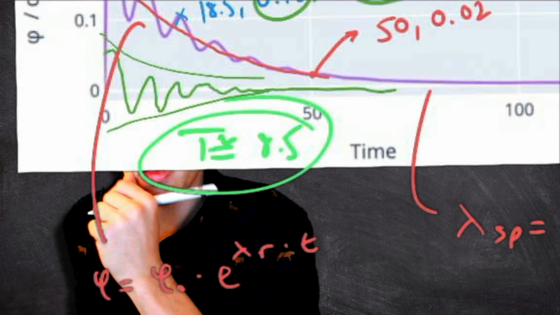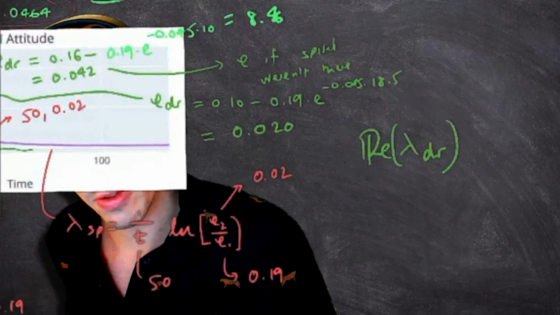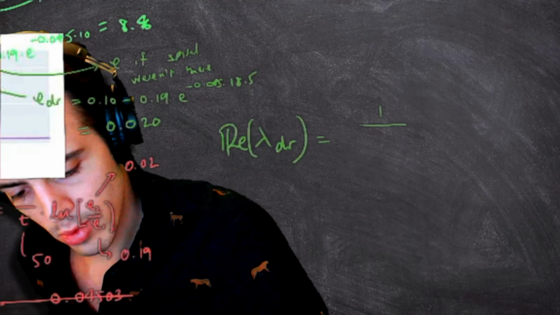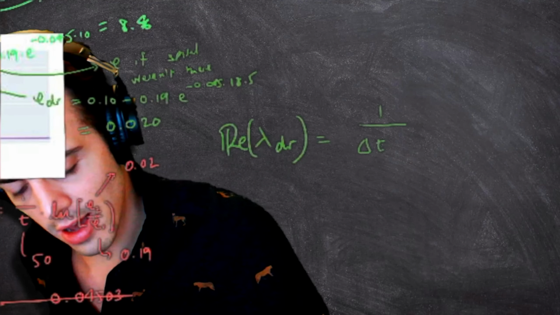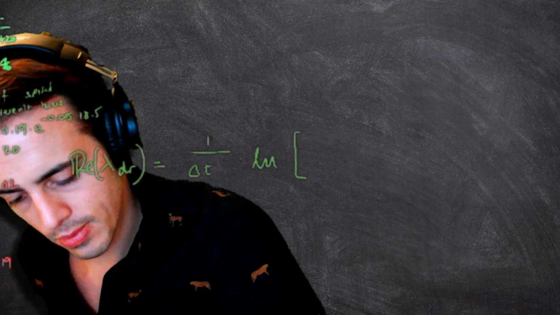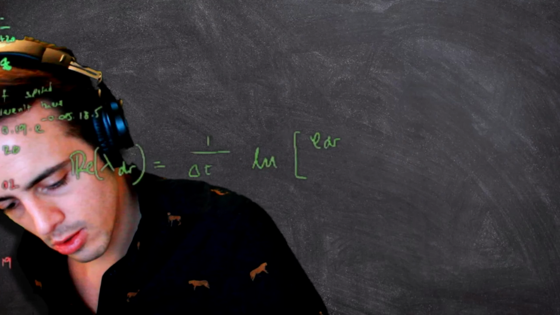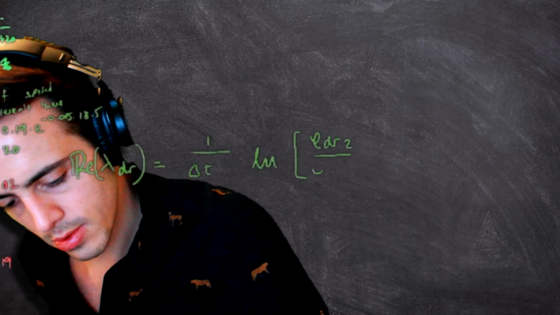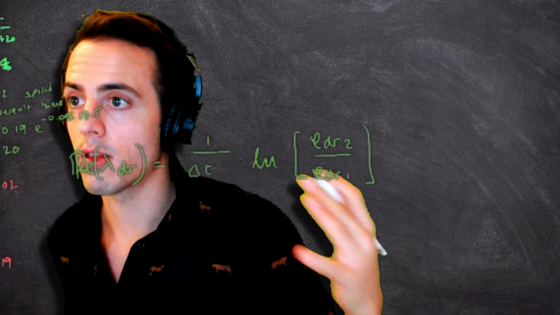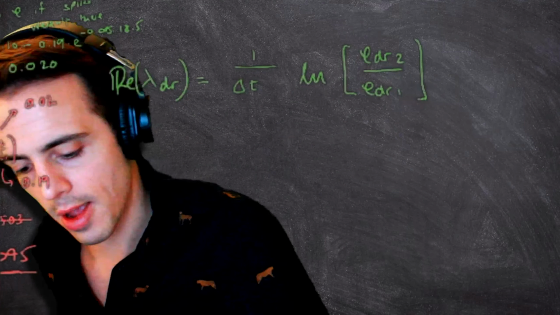So we'd be trying to work out what this exponential decay curve is. And so that's therefore just going to be equal to 1 divided by whatever the change in time is, multiplied by the natural logarithm of however much the signal, or in this case the roll attitude, has decayed in this time.